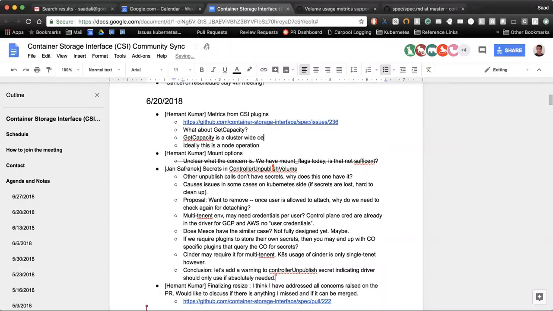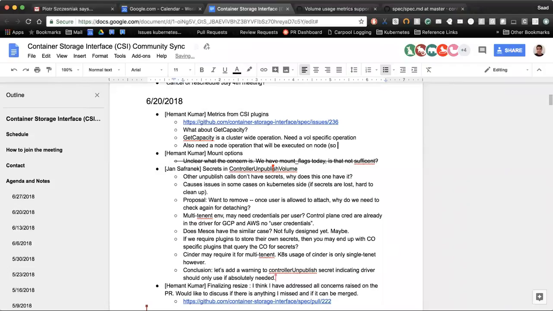Yeah, I think that makes sense. But the problem in that case is that in many cases it depends on the implementation. We are interested in file system specific metrics. In some cases, a 5 GB volume gets created, 4 GB is used on the disk when the file system is created, and only 2 GB is available.